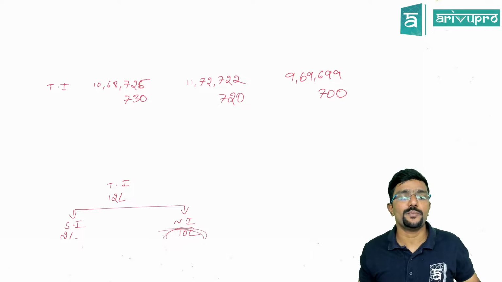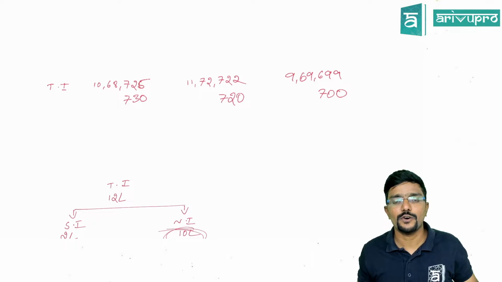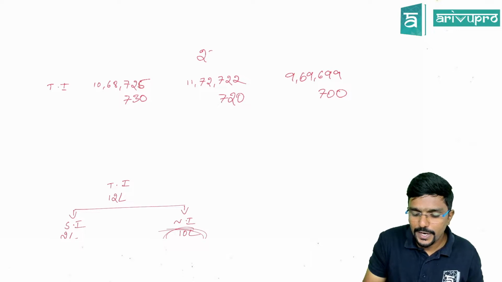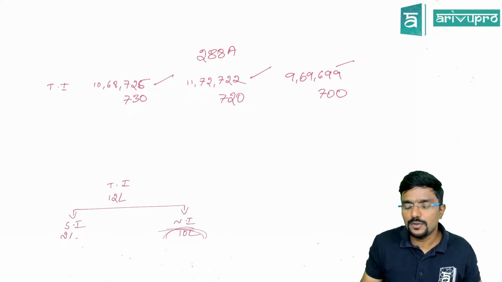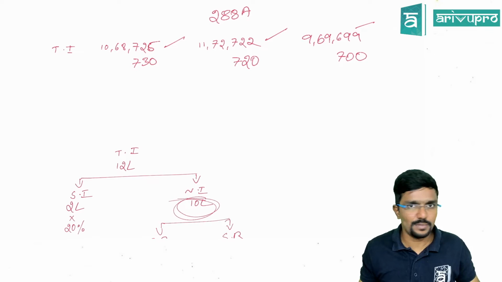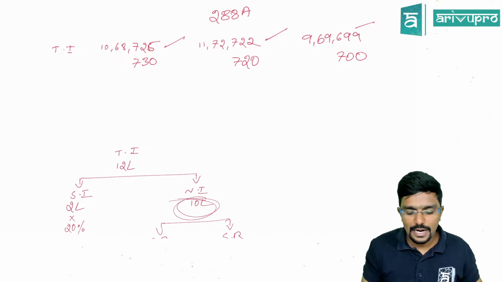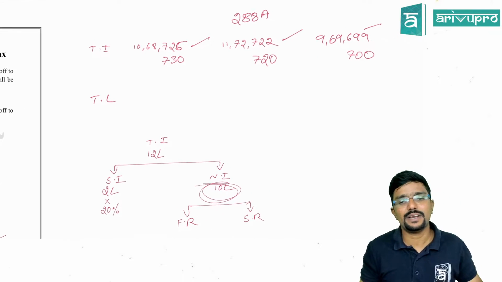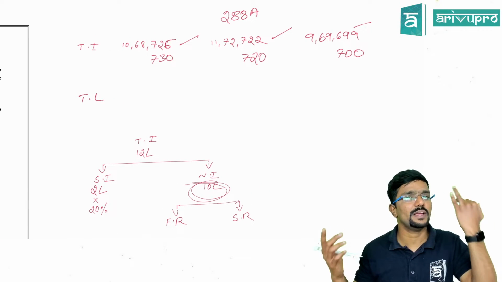So whenever you compute total income, it has to be rounded off to the nearest 10 rupees as per section 288A. Once we calculate total income, I will apply whatever tax rate is applicable and compute tax liability, deciding whether surcharge or rebate is applicable.